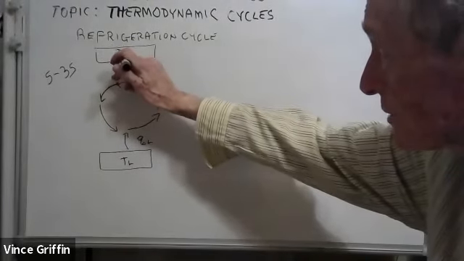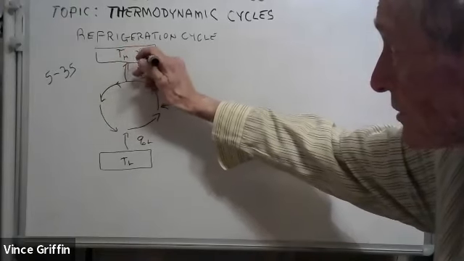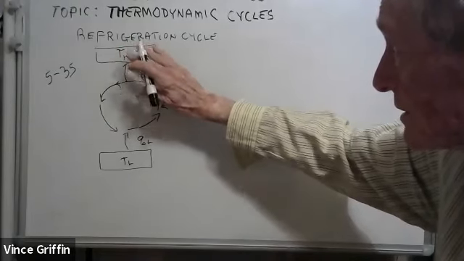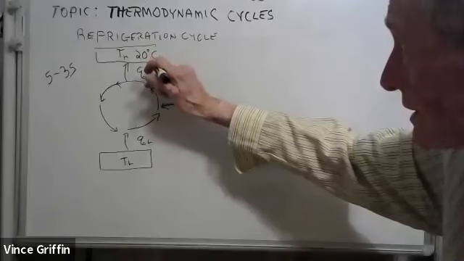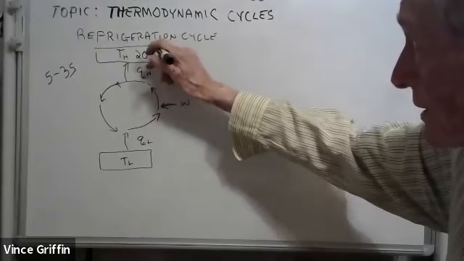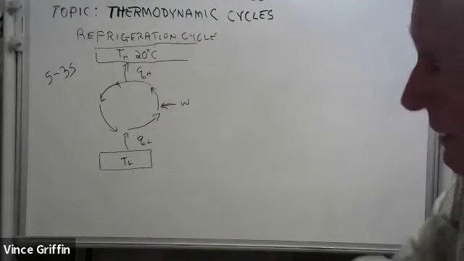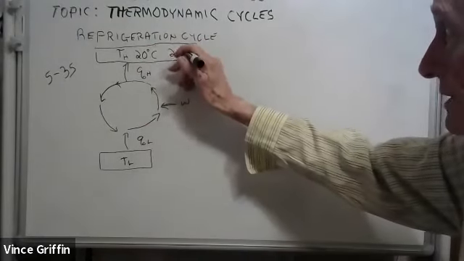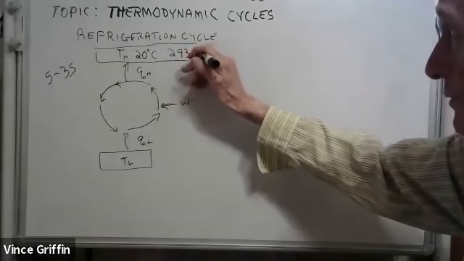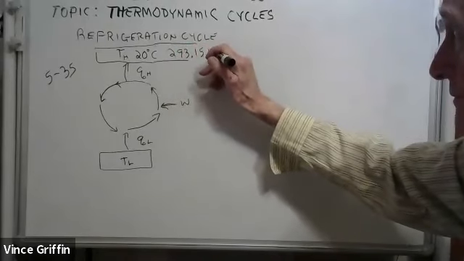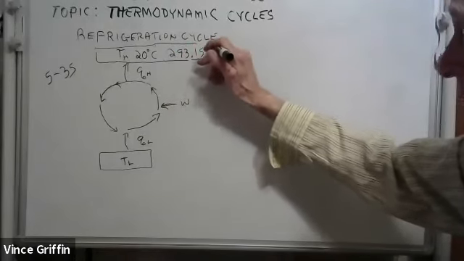That's the high temperature. 20 degrees Celsius. Now, why don't we go ahead and get the Kelvin? That's 293.15 Kelvin. There we go. So we got that figured out.